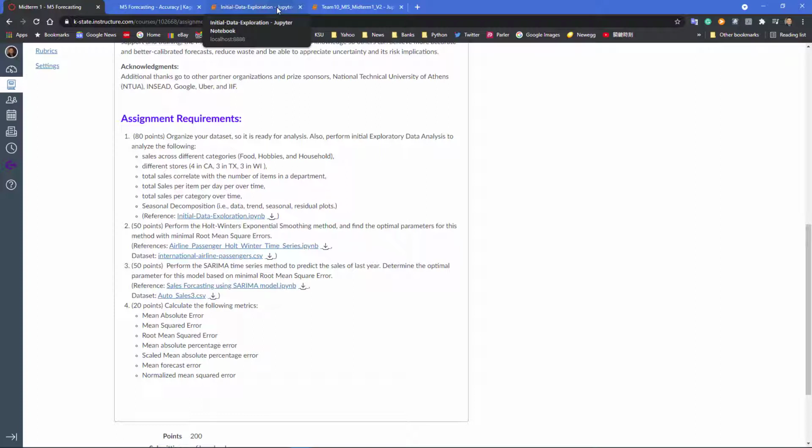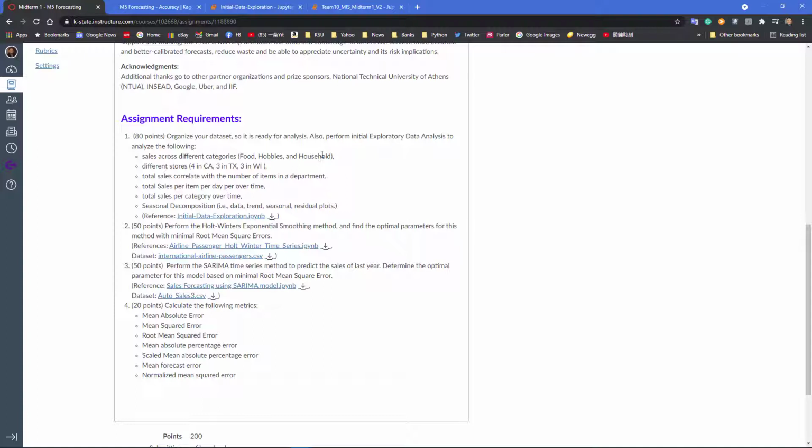You can do California, Texas, Wisconsin. I forgot, actually 4. Okay, yeah, 3 states: 4 stores in California, 3 stores in Texas, 3 stores in Wisconsin. So you have a total of 10 stores to compare with overall. And you have 3 product categories: food, which has the biggest sales, hobbies, and household.